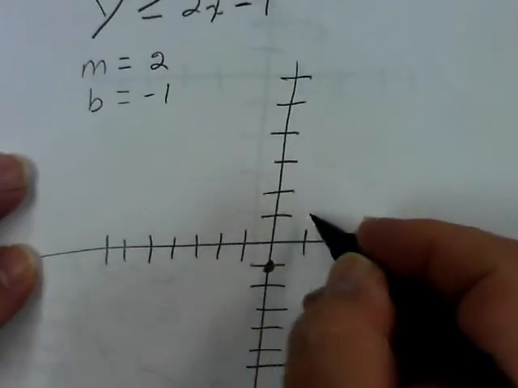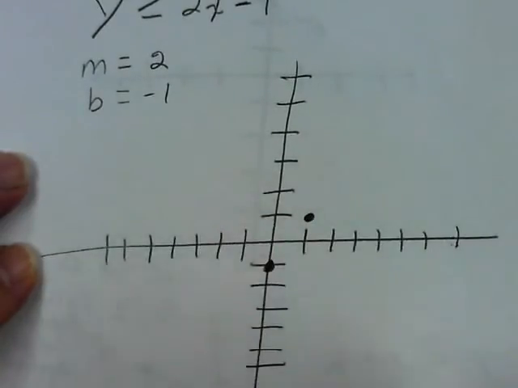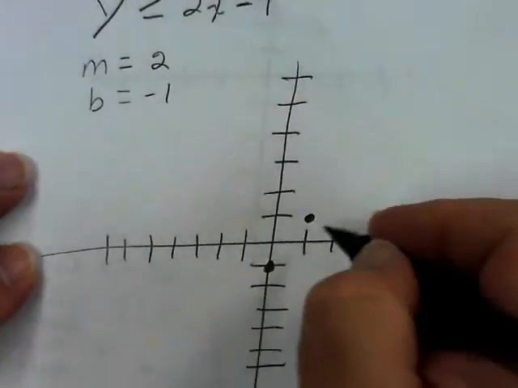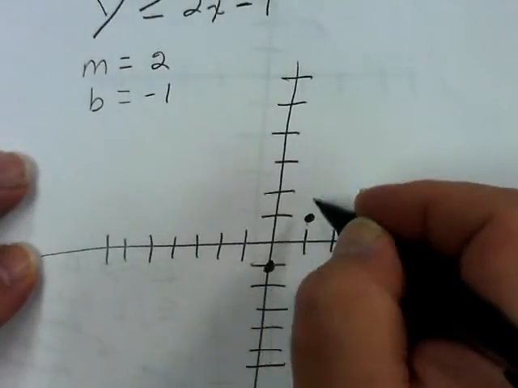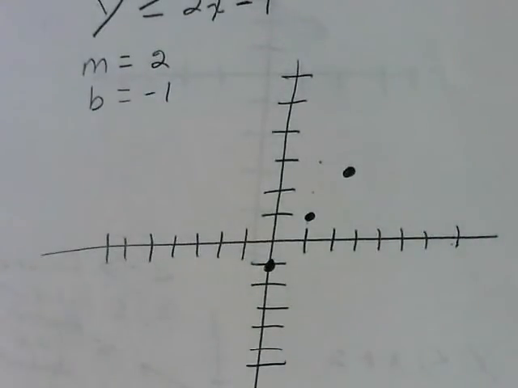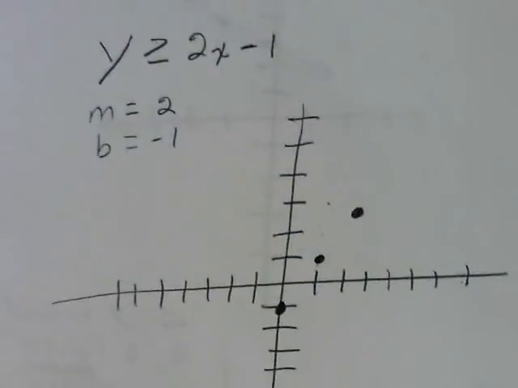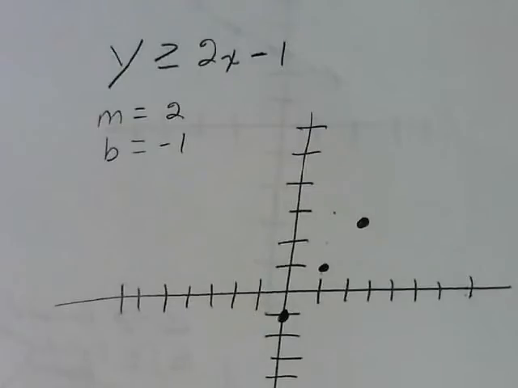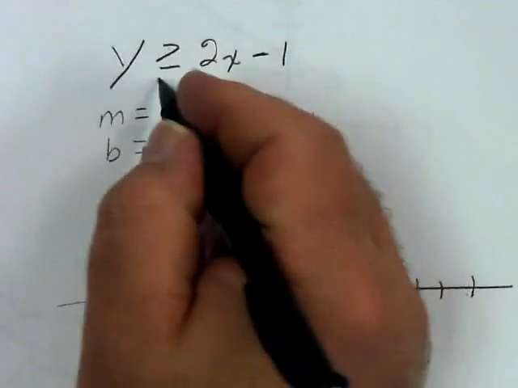So up 2 over 1, is that the correct spot? Yes. What do I do from here? Up 2 over 1. A solid line. Somebody said solid line, why would it be a solid line? Because it has an equal in it, right?